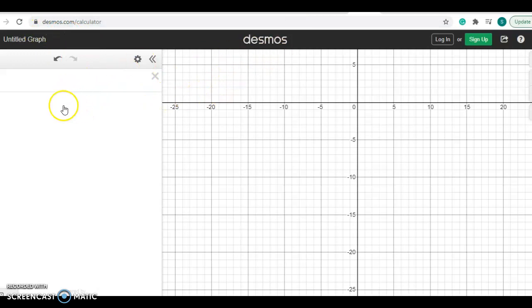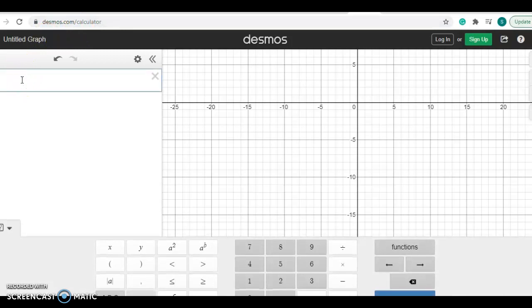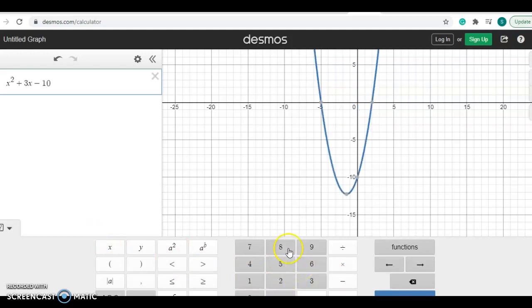So I'm in the Desmos calculator, and then we come here and we type our x squared plus 3x minus 10. Okay, so we hit graph.